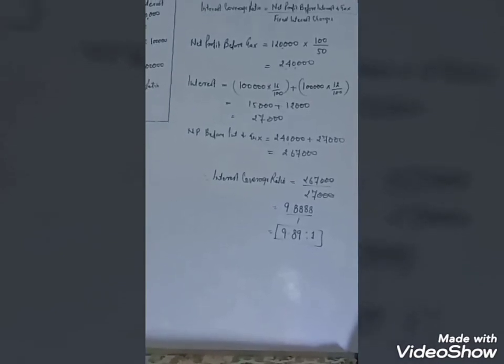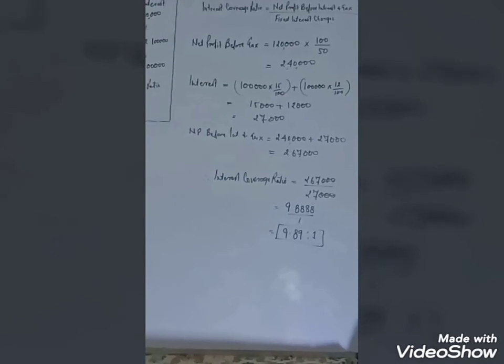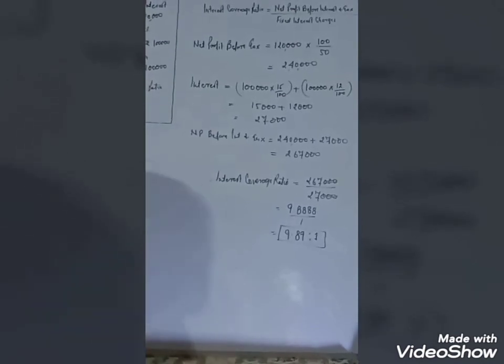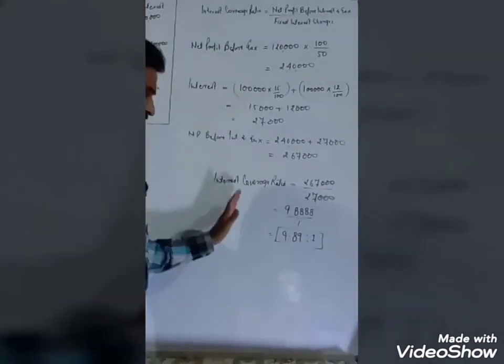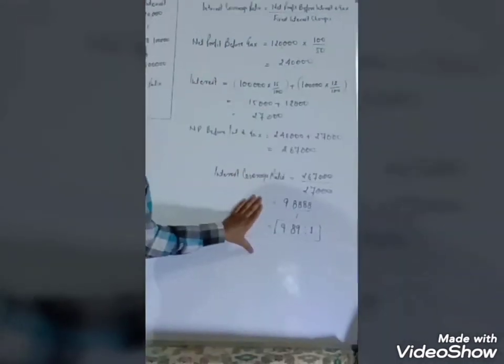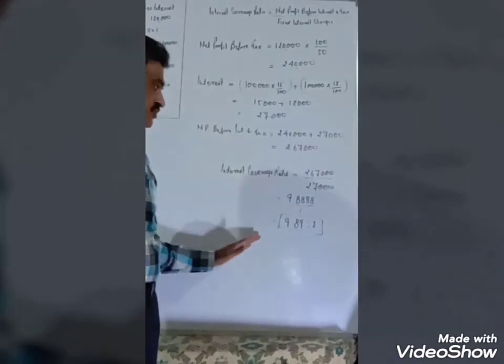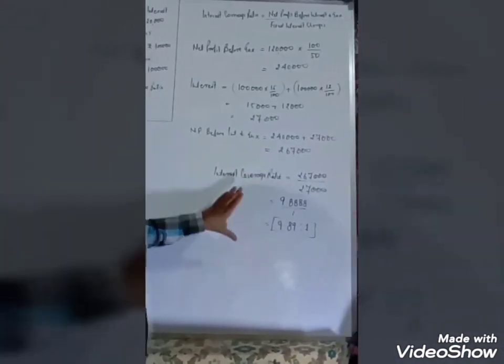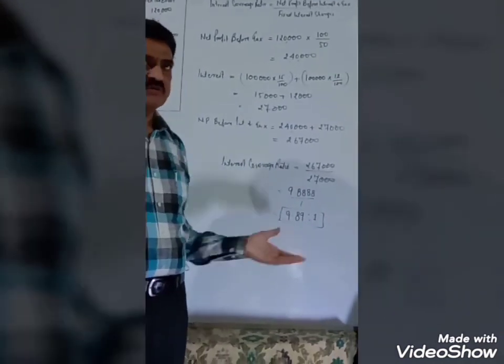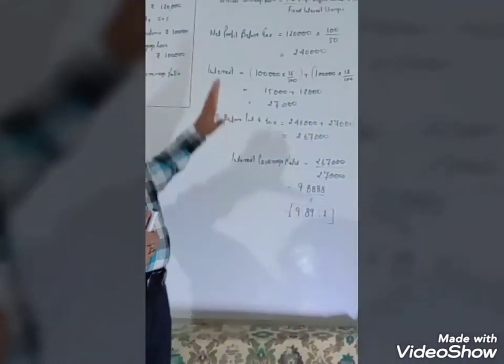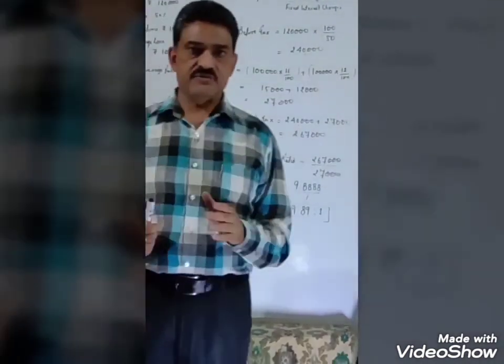It means the company is able to pay its interest liability regularly. This is the interest coverage ratio. In this case, the company is in a very sound position because it can pay its interest liabilities approximately 10 times.